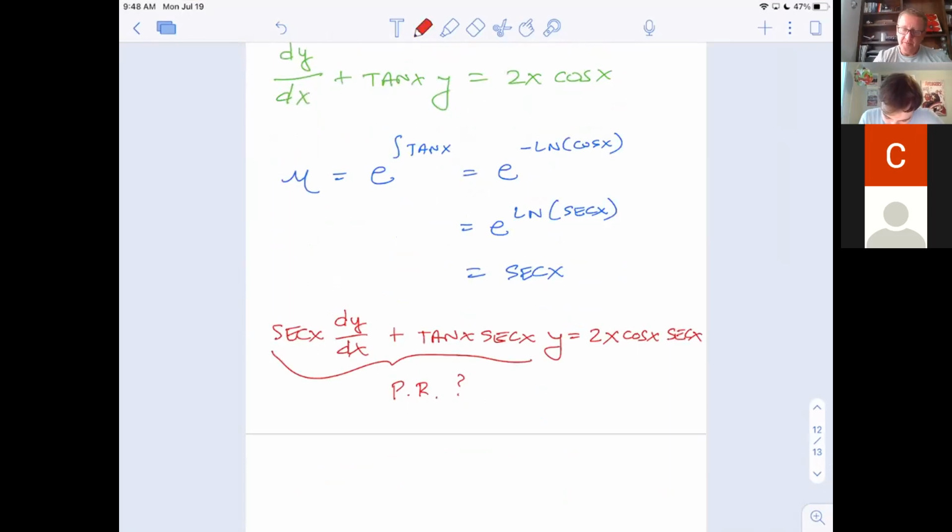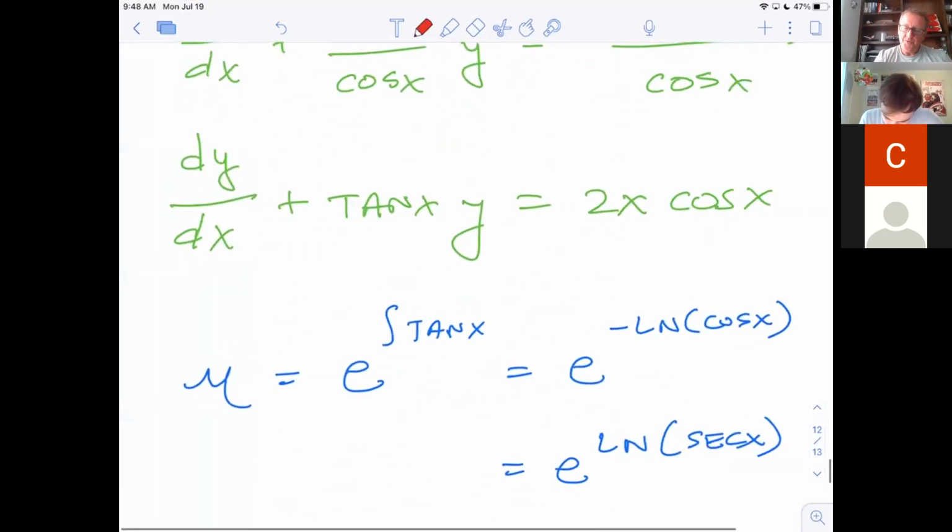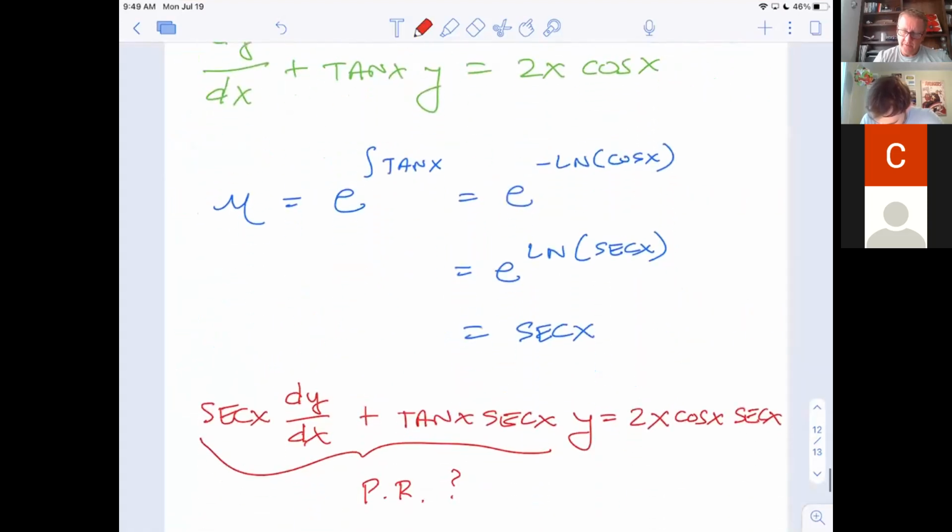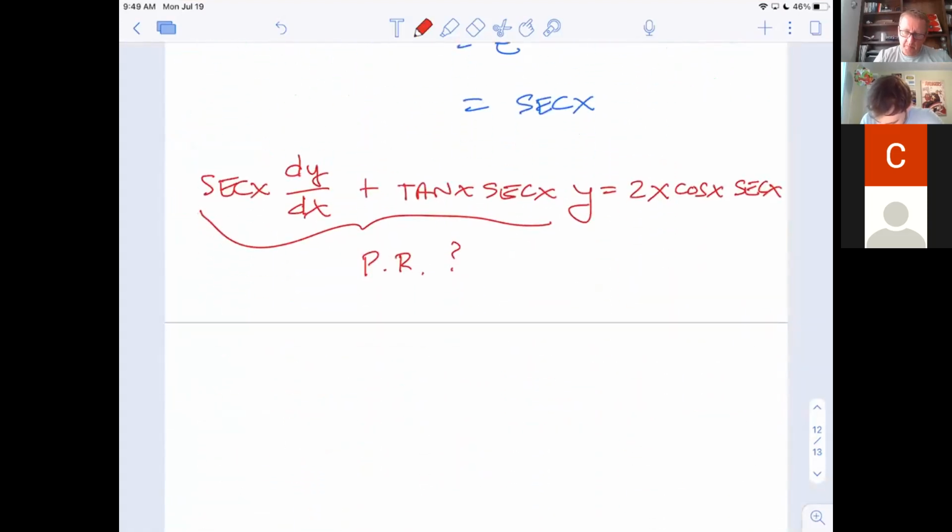Again, that mu thing is awesome, isn't it? Like when you're staring at this problem right here, would you have ever guessed that in a million years? Oh, I'll multiply both sides by secant. Like, how would you ever come up with that? It's just crazy. You should have chills running down your spine right now. Oh my God, I can't believe this works. And by the way, what happened on the other side?